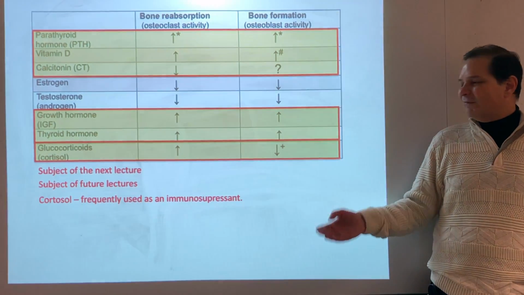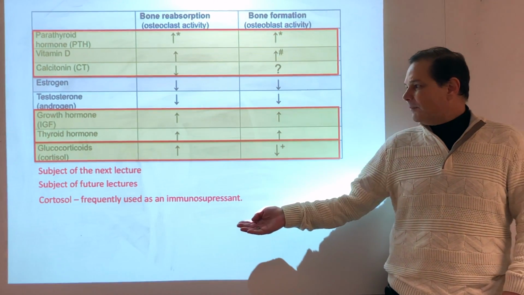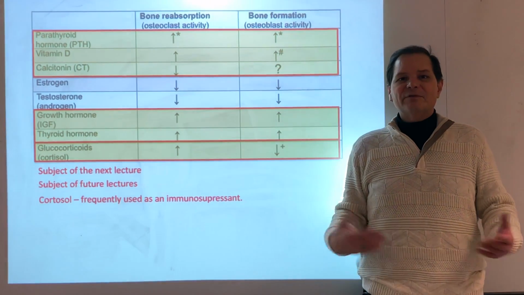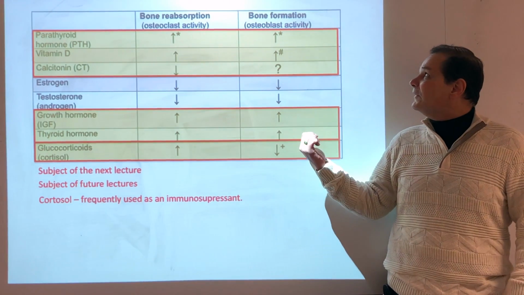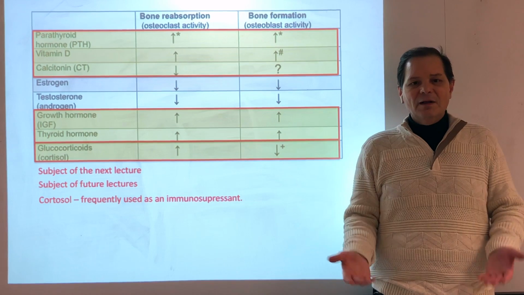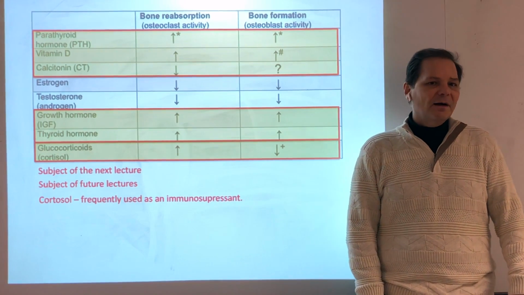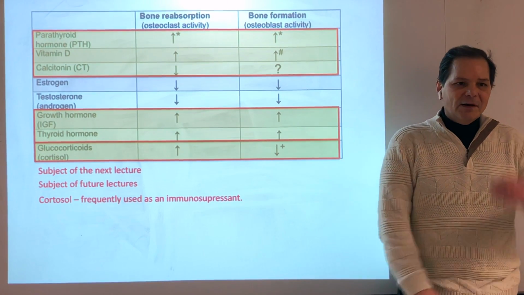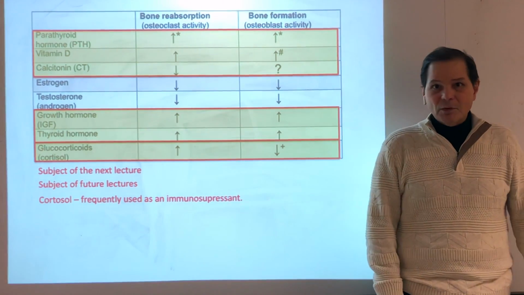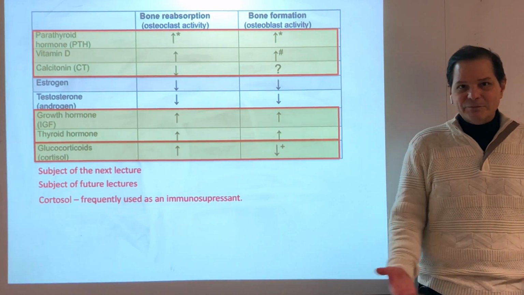Given that, she may have hypercortisolism, and a side effect of that may be increased bone resorption, decreased bone formation, and so that could contribute to her problem, which is probably osteoporosis. Okay, she's an older woman, postmenopausal.